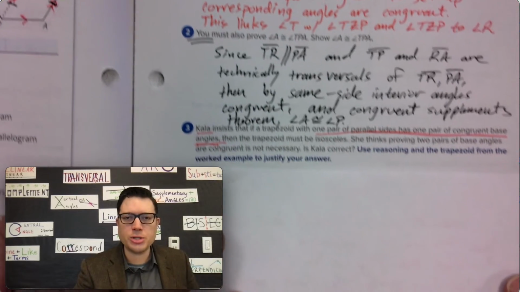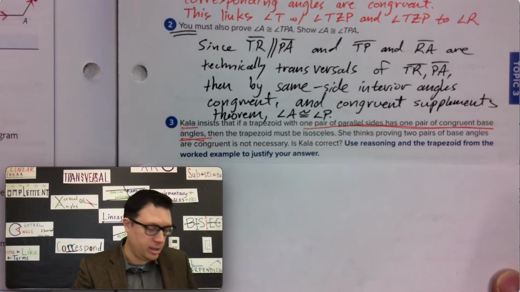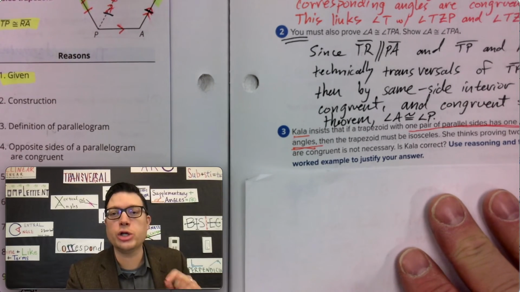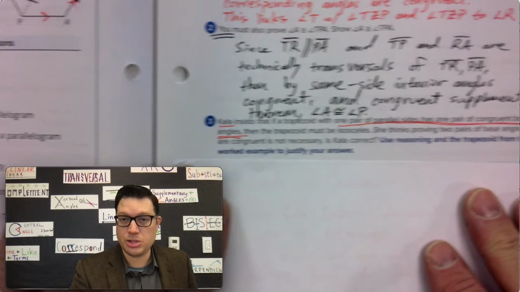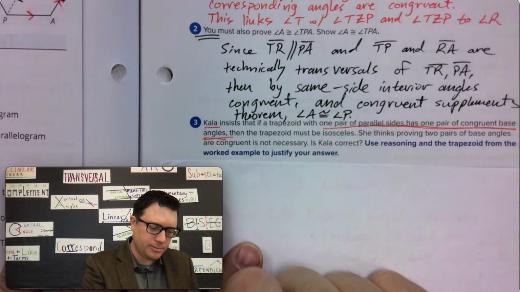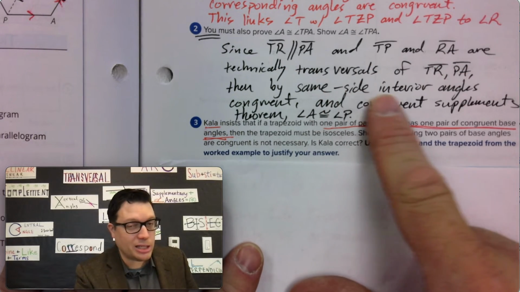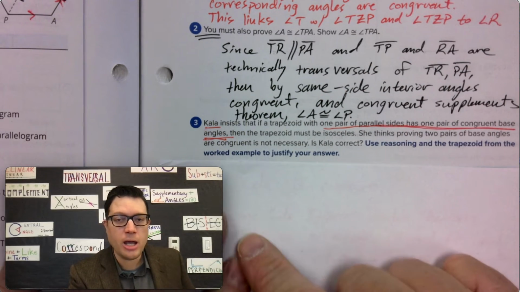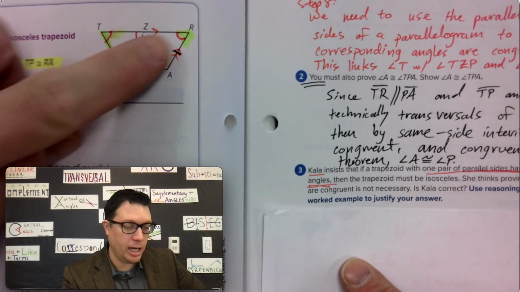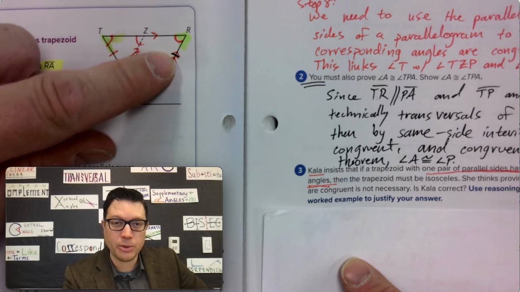All right, here's the deal. You have to also show that angle A, so that's this angle, and angle TPA are congruent. Now, since TR is parallel to PA, and TP and RA are technically transversals of TR and PA, we're creating same side interior angles. So angle R and angle A are same side interior angles.